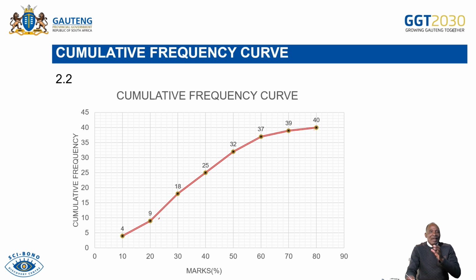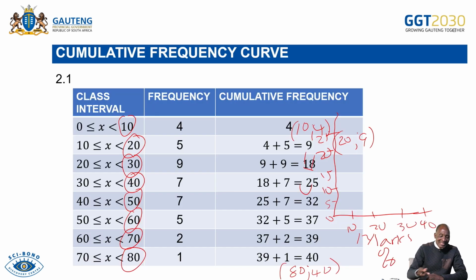But we have what we call grounding of the curve, just like grounding of our polygon. This curve needs to be grounded. When we say you are grounding your cumulative frequency curve, it means you are taking it to the horizontal axis. So how do you ground your cumulative frequency curve? You always look at your classes.